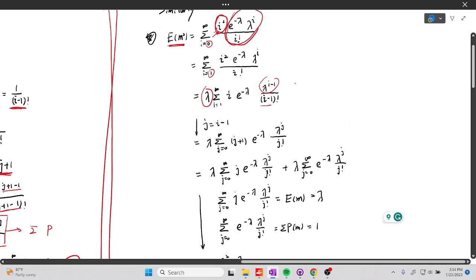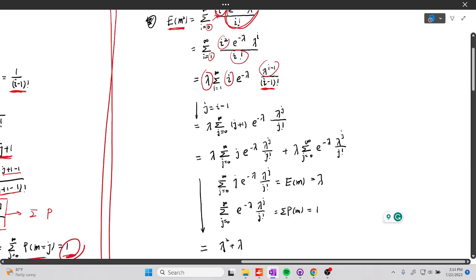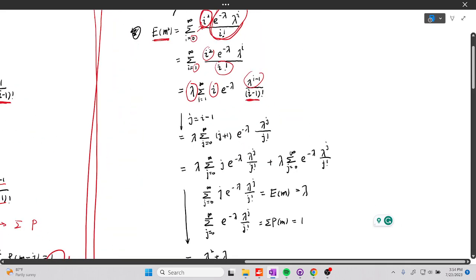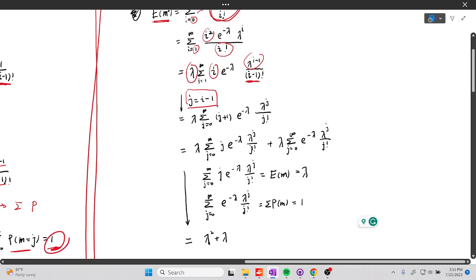And i squared becomes i, and multiply i divided by i on both sides. This i factorial becomes i minus 1 factorial. And substitute j equal to i minus 1.